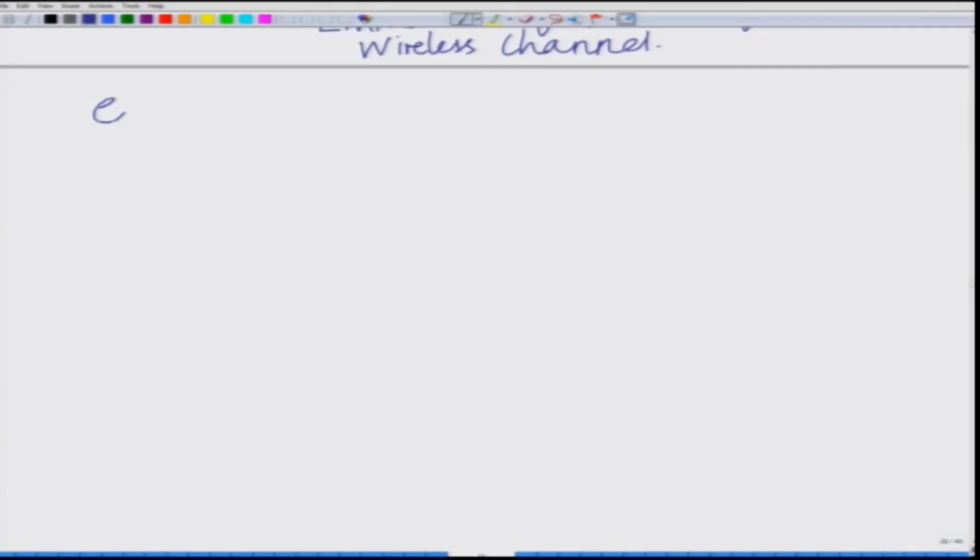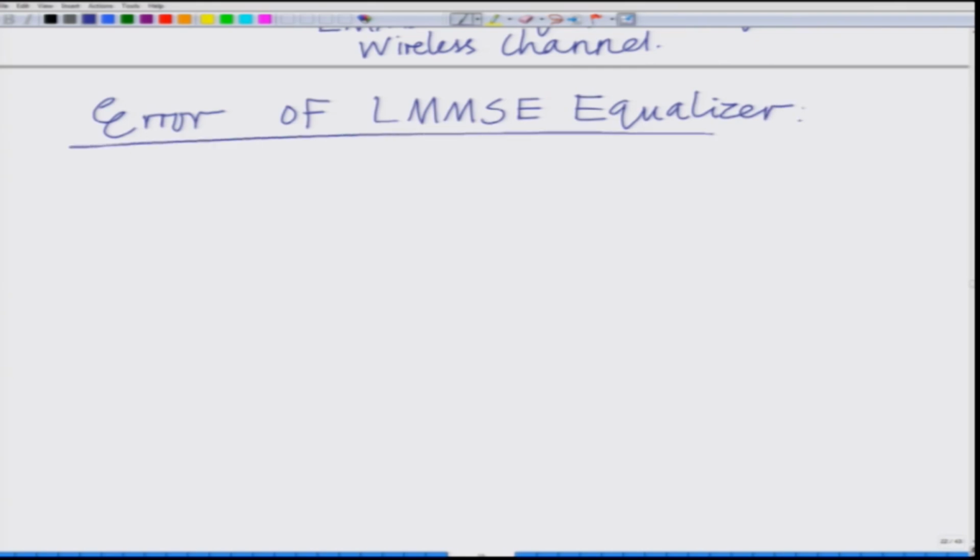Today, the first thing that we are going to do in this module is the error of the LMMSE equalizer.